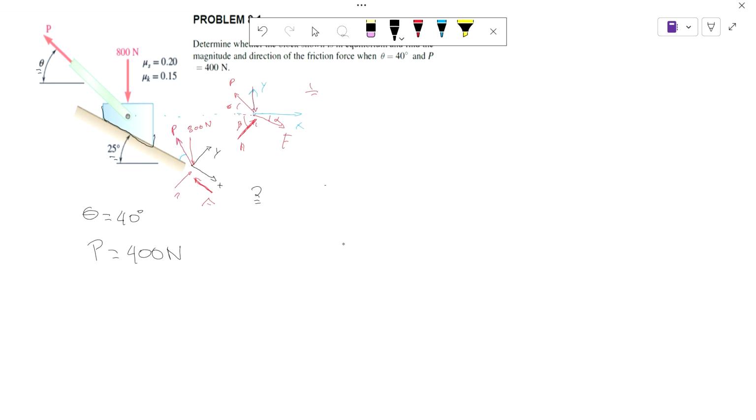Okay, so let's go ahead and draw the system that we're trying to pull. And we said that we're going to have a coordinate system where our normal force is right here.